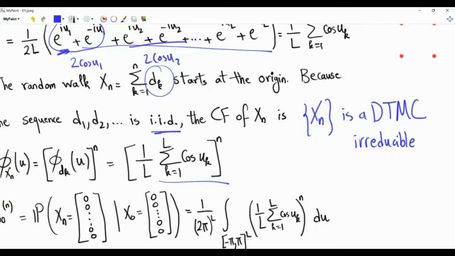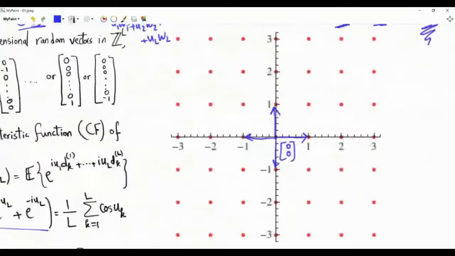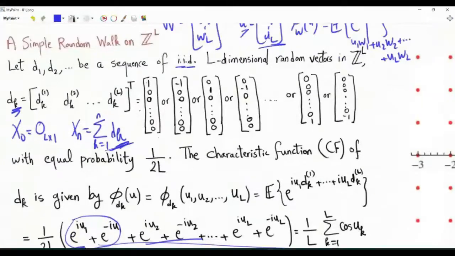Now, the states in our chain are periodic. If we go to the 2-dimensional case, how can we get back to the origin? To get back to the origin, we need an even number of steps. If we look here, suppose that n is equal to k1 plus k2 all the way to kL.